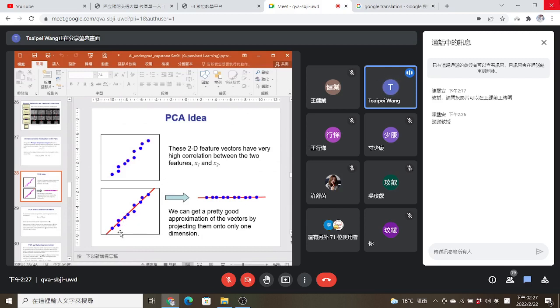After this projection, that's actually a principal component. Along this, you decorrelate the features after the transform. Here one is along this direction, the other is along the perpendicular direction.